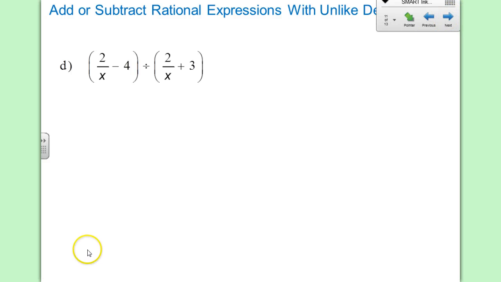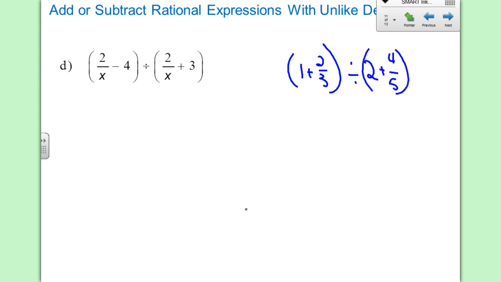So if you've already started your journey on your own, it's really awkward if you think of this and take away the numbers. It's really awkward to do things like this: 1 plus 2/3, bracket, divided by 2 plus 4/5. If you remember when we did questions like this, the first thing we did was make improper fractions.